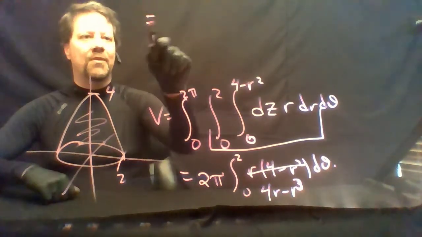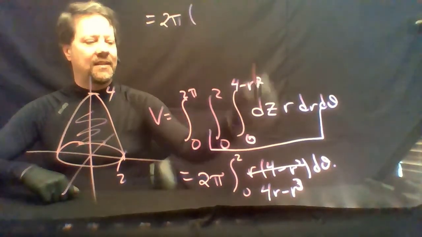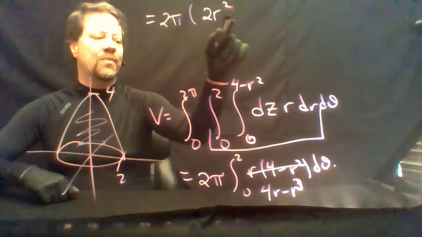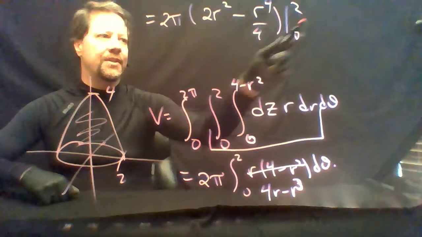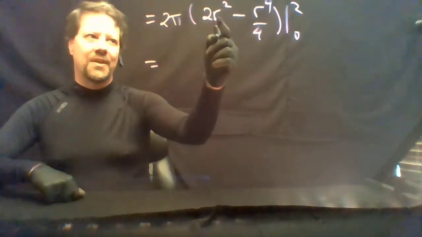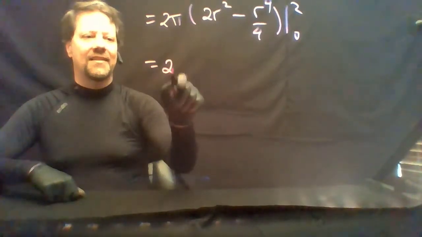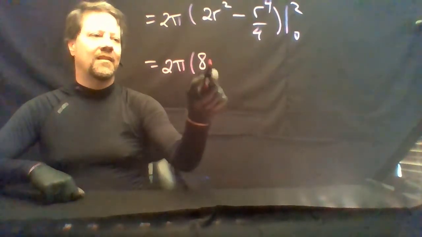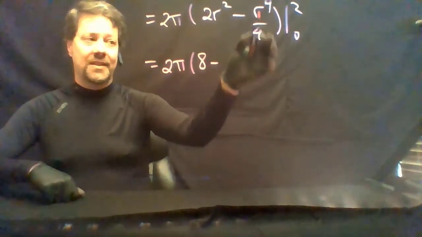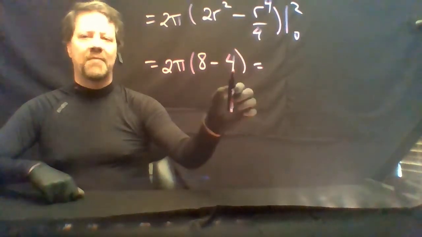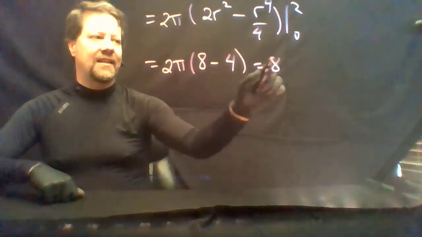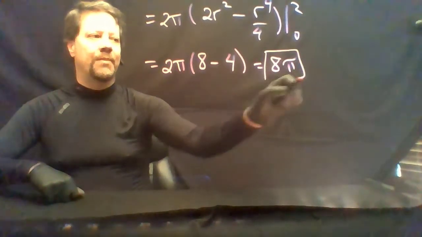So using the power rule, we get 2 pi times 2r squared minus r to the fourth over 4, evaluated from 0 to 2. Plugging in, 2 squared is 4 times 2 is 8. 2 to the fourth is 16 divided by 4 is 4, and then subtracting 0, 8 minus 4 is 4, times 2 is 8. The answer is 8 pi cubic units.